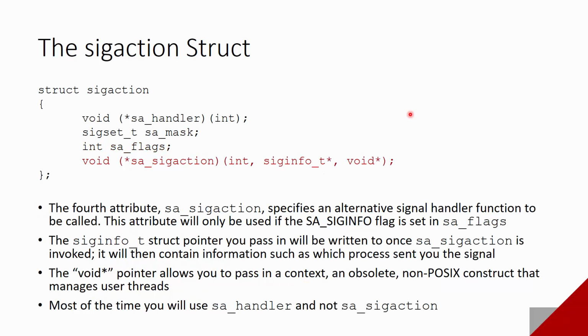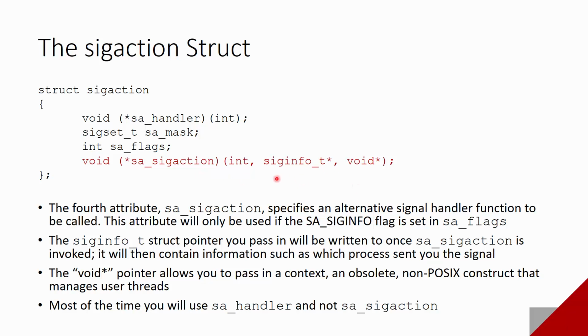So some of these options for that fourth attribute, so you can set the alternative signal handler inside here. It allows us to pass in a struct, and this is a siginfo_t struct. You pass in a pointer to the siginfo_t struct, which is going to be written to once the SA_sigaction registered signal handler executes.